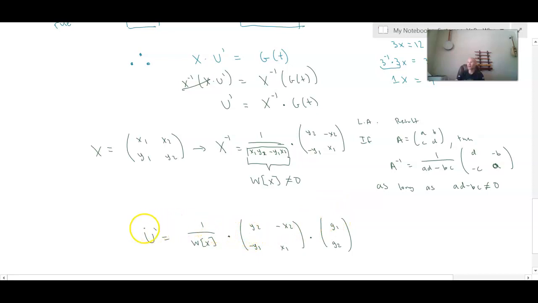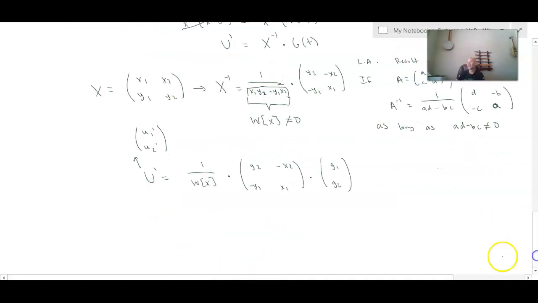Now ultimately what we're after is not, remember, u prime, that contains the derivatives of the two functions that we need. We don't want the derivatives, right? We want the actual u1 and u2. So how do we get the antiderivatives of u1 prime and u2 prime? Well, we take the antiderivative. So to get u, we take it with respect to t, because remember these are all functions of t.